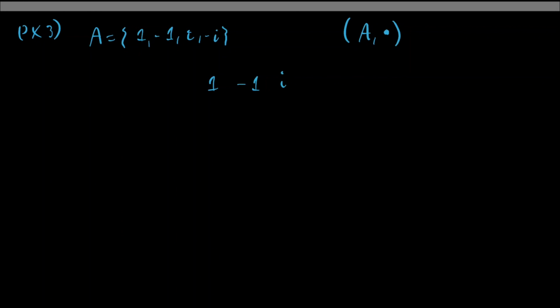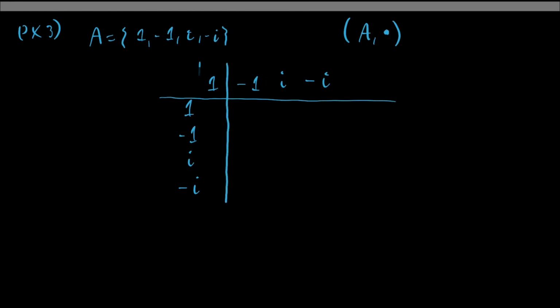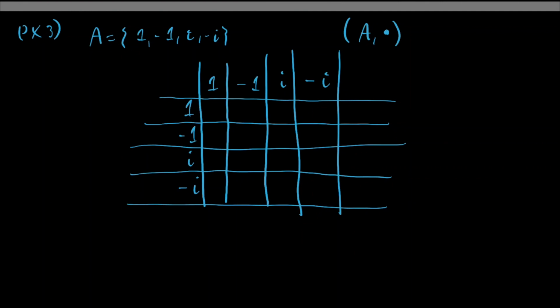We place all the elements on a line and then all the elements on a column. Then we draw a table like so, where in each box, for example this one, given by the intersection of a given row with a given column, we place the result of row times column.